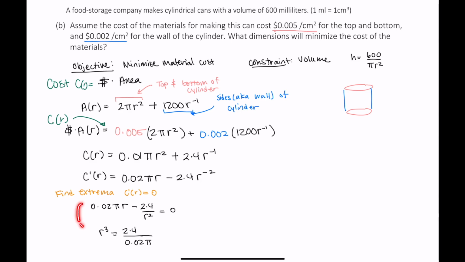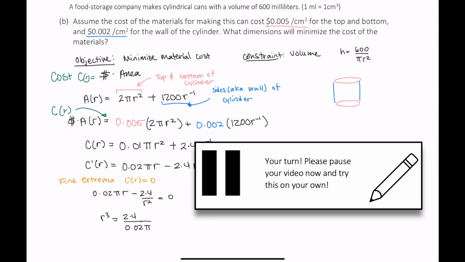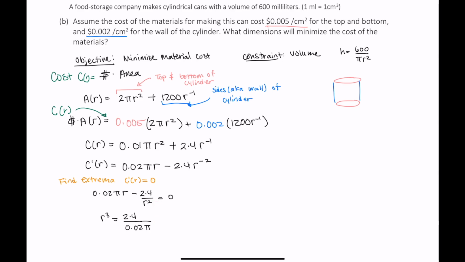Now, if you don't see where I got this, or if you're a beginning calculus student, you should pause your video and use your algebraic skills, that is, flex your algebra brain muscle to go from here to here. So pause the video and try that independently if you don't see where this came from. Okay, so now that you paused your video, you should know how I got from here to here.